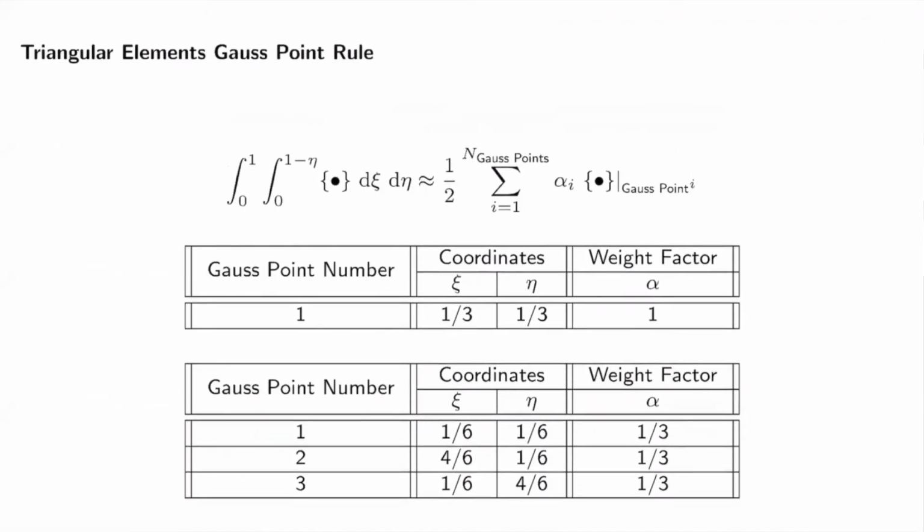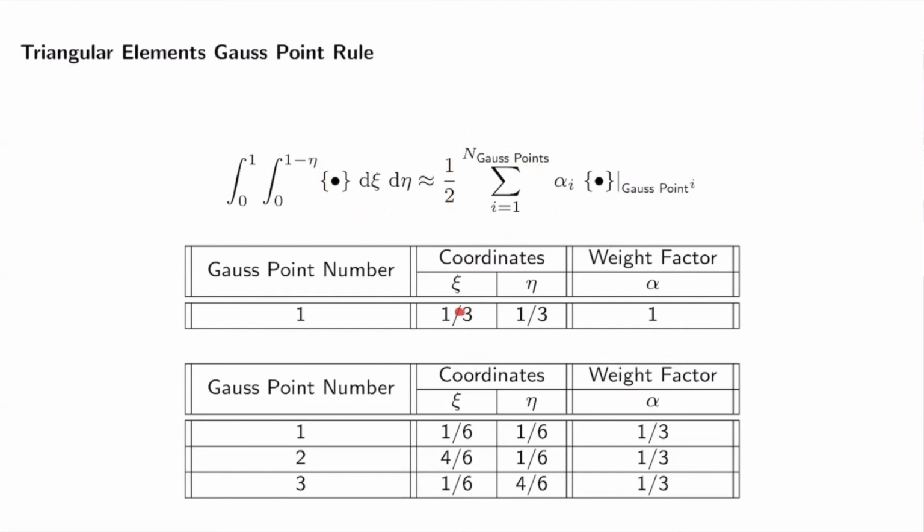If you have a triangular element, this is the way that you would do that. So you usually have a double integral over that triangular surface. Now, instead of that double integral over the triangular surface, you would have a summation over Gauss points times some weights and some evaluations at those specific Gauss points.